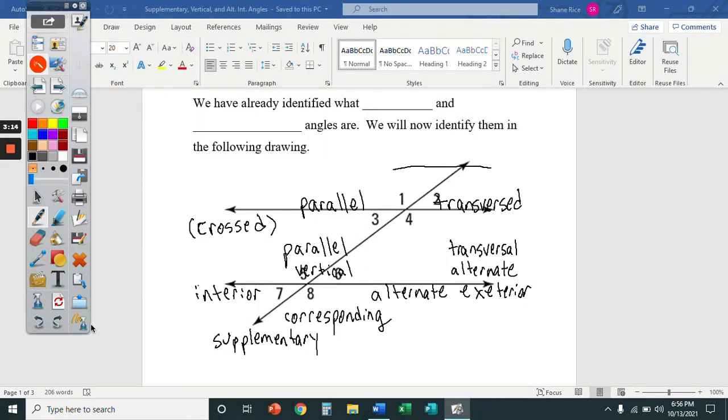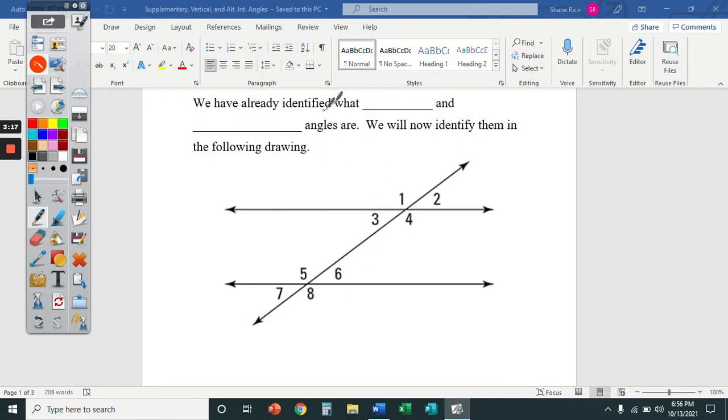So, as it says here, we've already identified what vertical and supplementary angles are. And we're going to identify them in this drawing here.